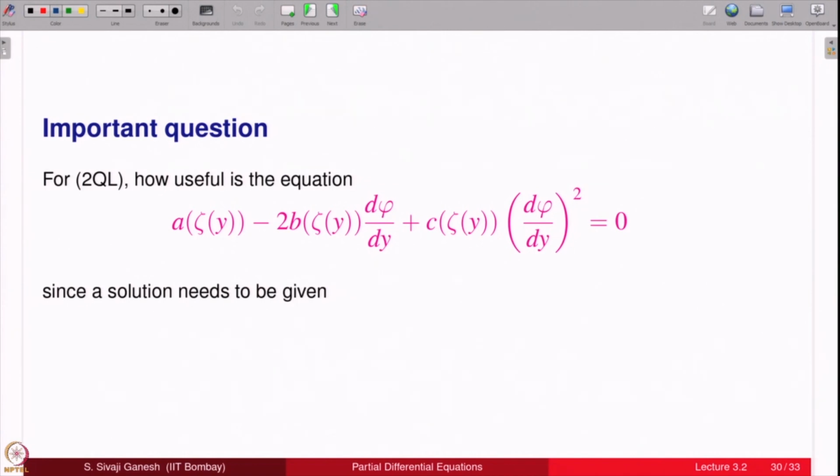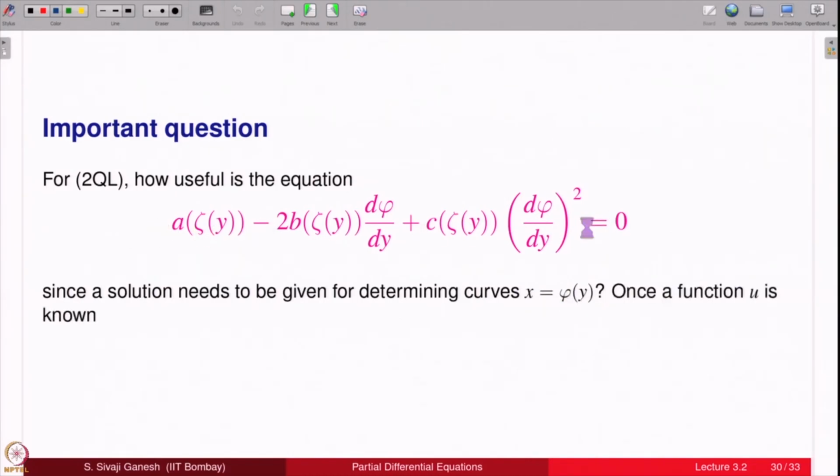Important question is, for a second order quasi-linear equation, how useful is this equation? Since to write down this equation, zeta of y, it requires the knowledge of a solution to the 2QL, that needs to be given. So how is it helpful in identifying these curves x equal to phi of y, where phi solves this equation?